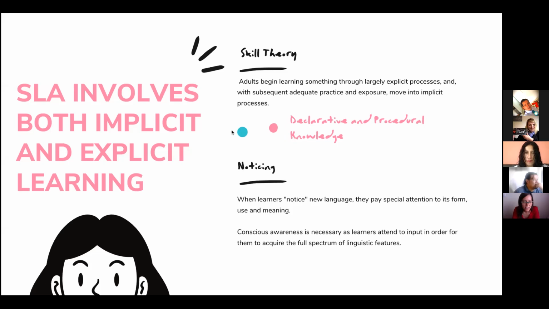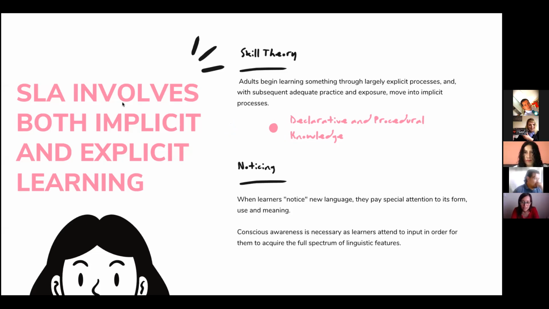And here it says that second language acquisition involves both implicit and explicit learning. So here it states two theories in which both can be used, the first one being skill theory. This is where adults begin learning through a largely explicit process, and then with subsequent adequate practice and exposure, it moves into an implicit process. So this is the declarative and the procedural knowledge.